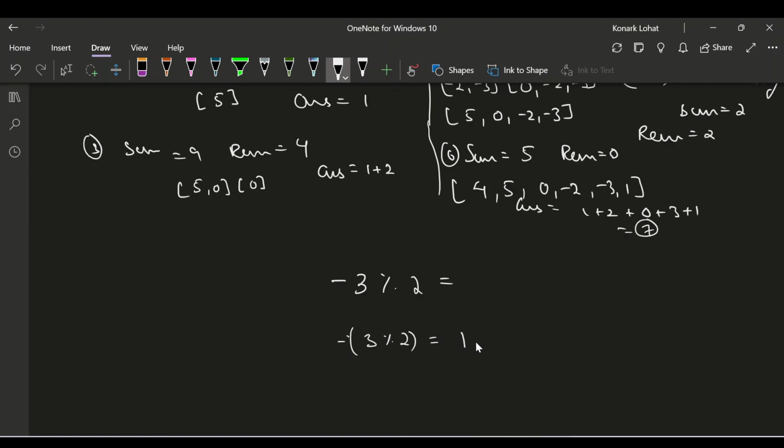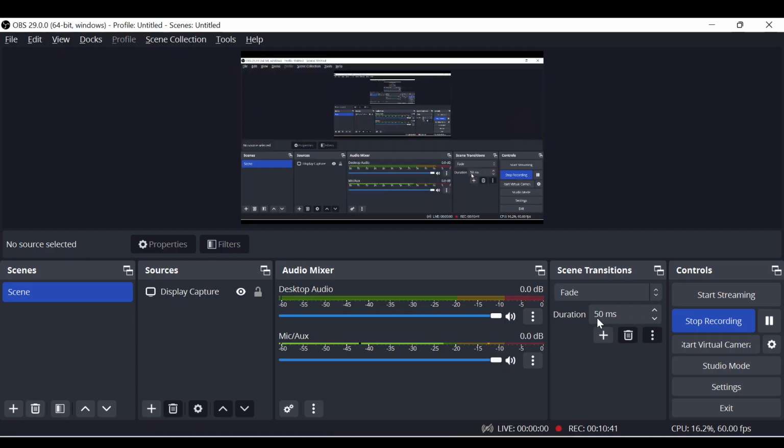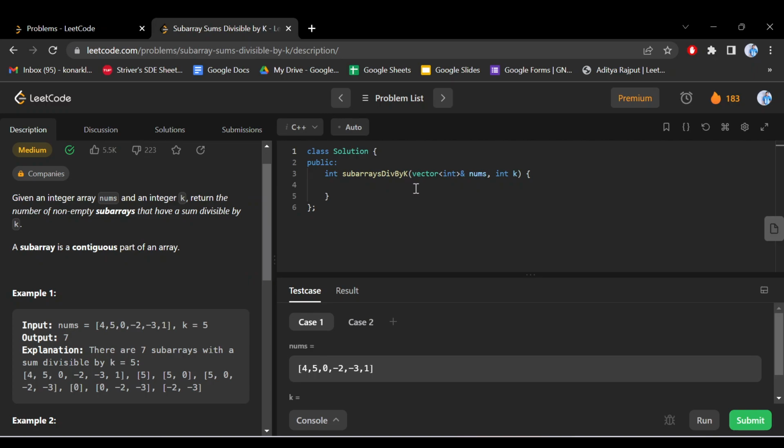So 3 divided by 2 is 1, and this is equal to minus 1. And we need to take care of this, right? And how can we take care of this? So minus 1 is now added with the k, that is 2, and this will be equal to 1. That is what we needed. And we can do this for every remainder that gives us a negative value.